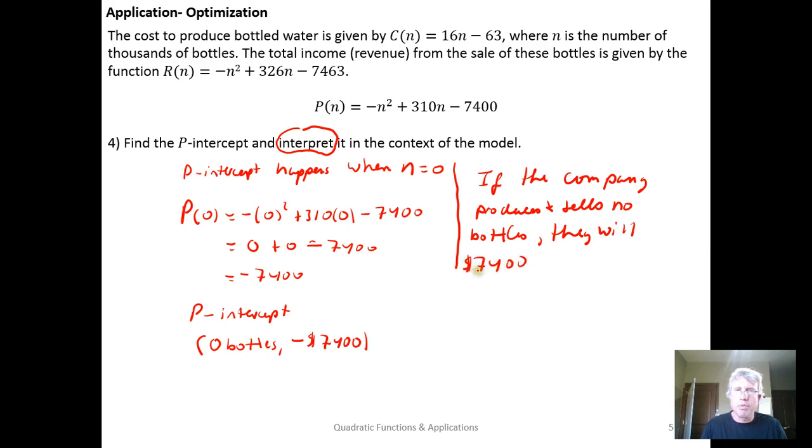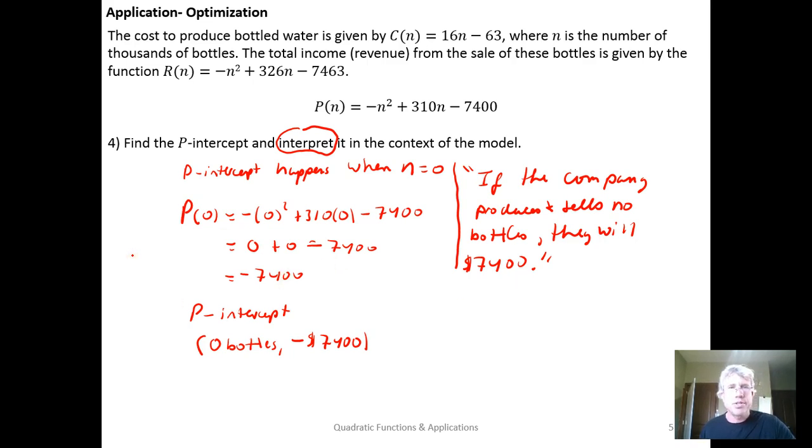And this makes sense. If you don't produce and sell anything, you still have business expenses. You're going to lose money if you don't produce. It's probably what's happening to a lot of people right now during the pandemic, right? A lot of businesses are struggling because they're not being allowed to produce, but they still have expenses to cover.